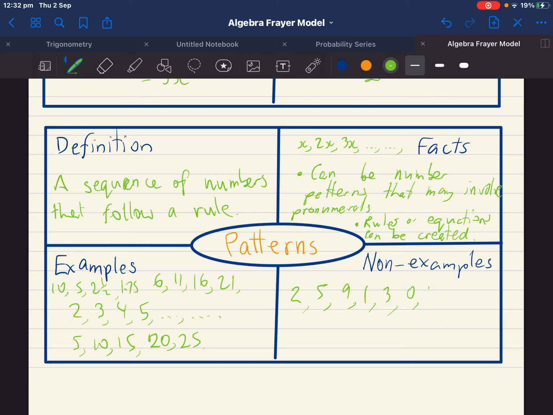And now I'll put down 102. There's no pattern here, right? We do have a sequence of numbers, but they're not following any rule. Like they're randomly generated. So this would not be considered a pattern. There's no rule that they're following, so there's no equation that could really be created. So that would be a non-example.